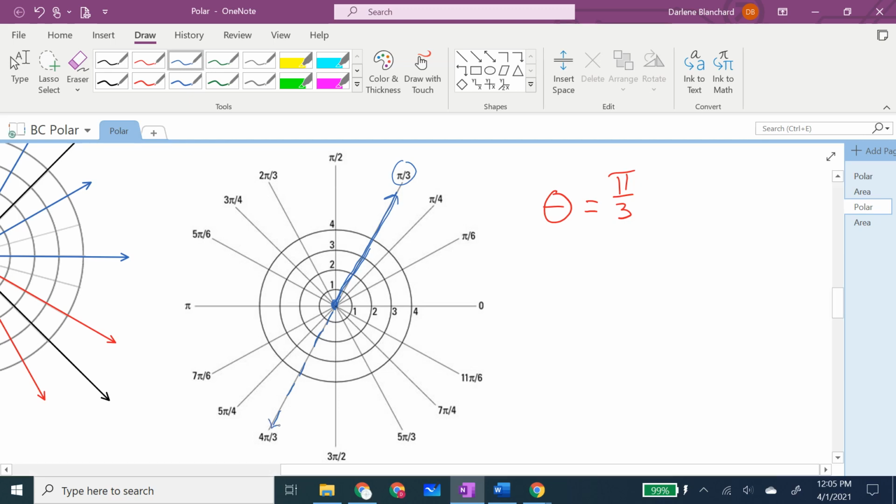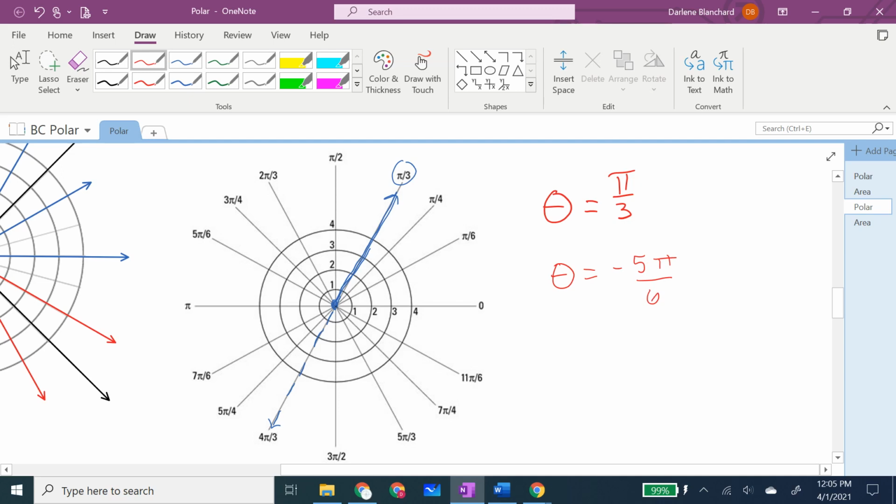And the negative r's are going to go along that side. So if you look at all your possible r's, it's an entire line. That's for theta equals pi/3. What about theta equals -5 pi/6?